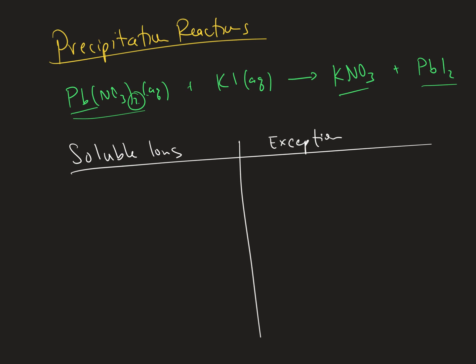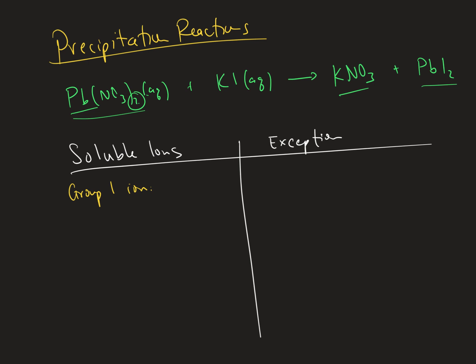All right, if the cation is a main group element, group 1 element. What are the group 1 elements called? Alkali metals, right?